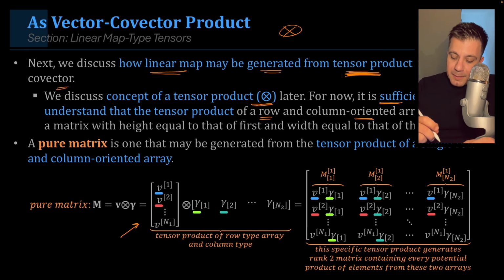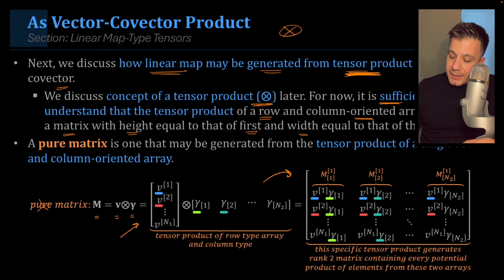It generates a matrix with a height equal to that of the first and a width equal to that of the second. And what we essentially do is distribute all the products. So if you look down here, forget about this pure matrix for a second. We can say a matrix is equal to the tensor product of some column-oriented array V and some row-oriented array gamma.